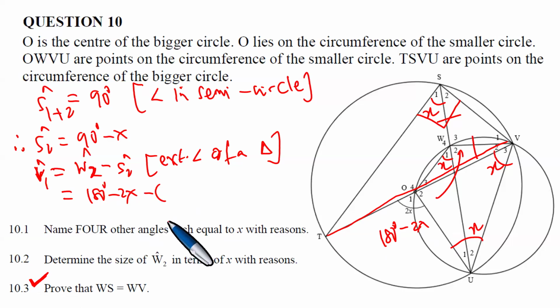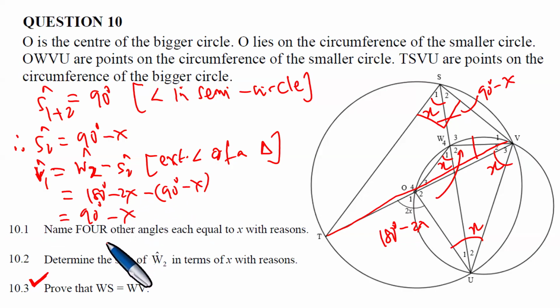The angle S2 is 90 degrees minus x. 180 degrees minus 90 is exactly 90 degrees, with minus 2x plus x giving us exactly minus x. So V1 is also 90 degrees minus x.